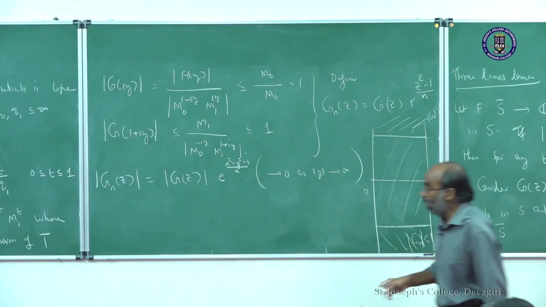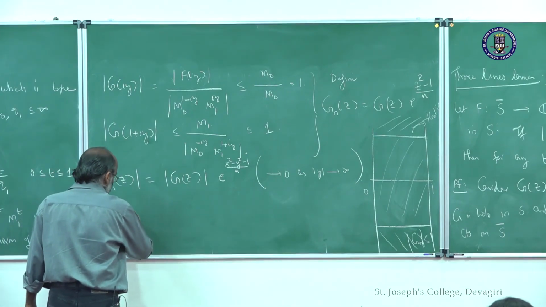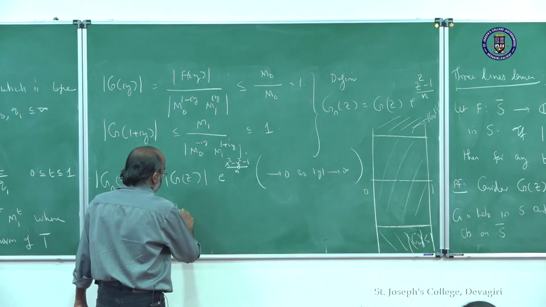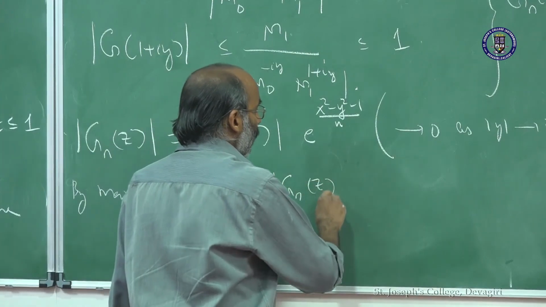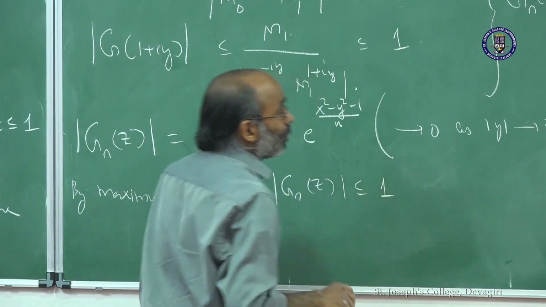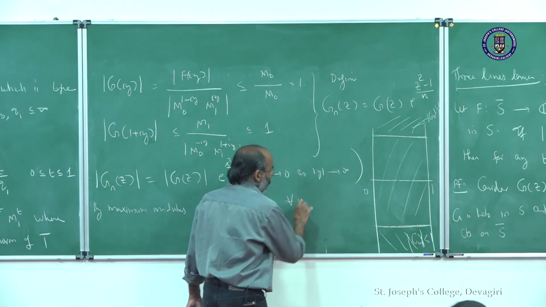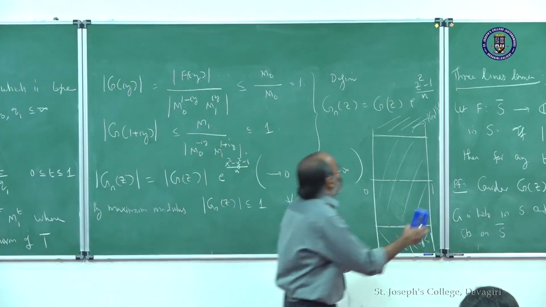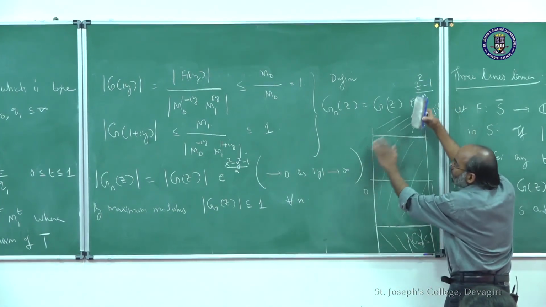Okay. So, by maximum modulus applied like this, mod g_n is less than or equal to 1. But this is true for every n. Whatever n I take, I may have to choose larger and larger squares, but the constant one is independent of n.